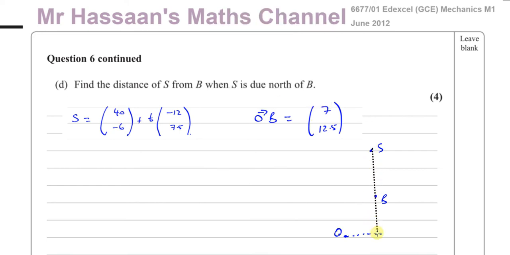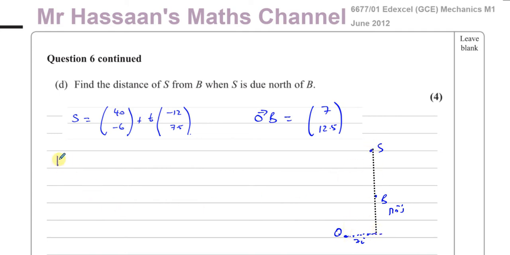That's what we for sure know. So B is 7I and 12.5J. If S is due north of B, then it also has to be the same 7I to get from O to S, plus whatever J.